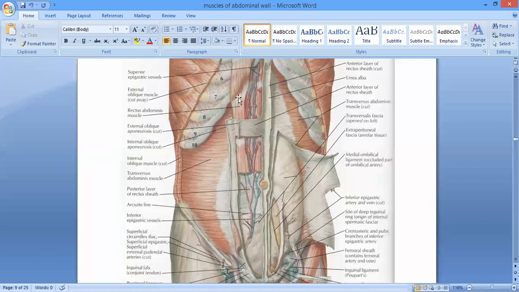So we have got this muscle, the rectus abdominis muscle, with the pyramidalis below, right?